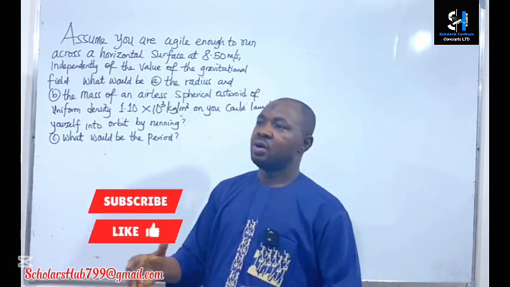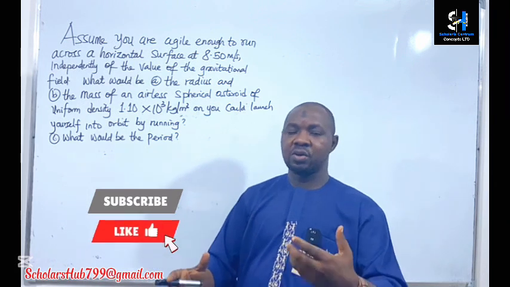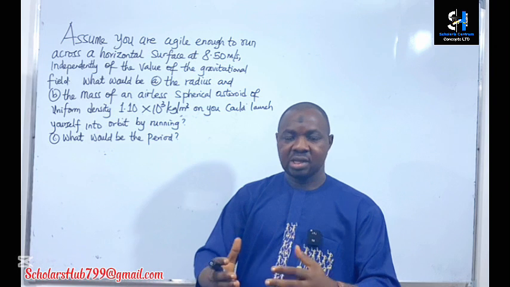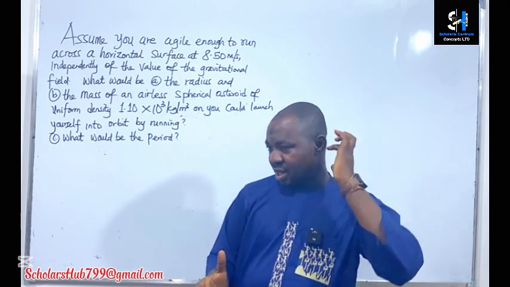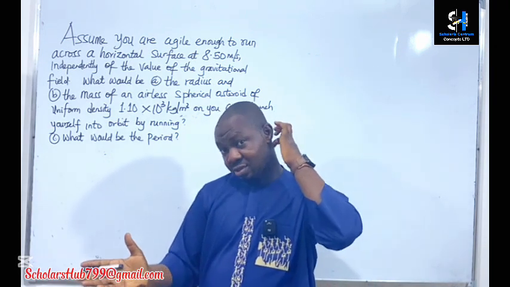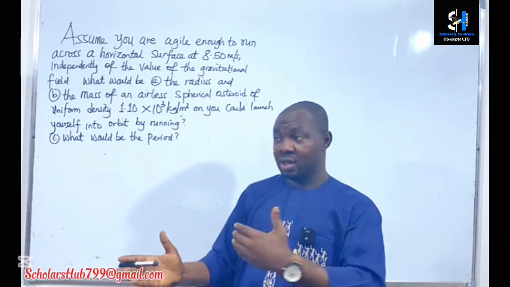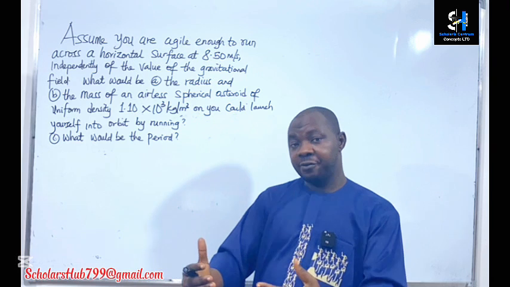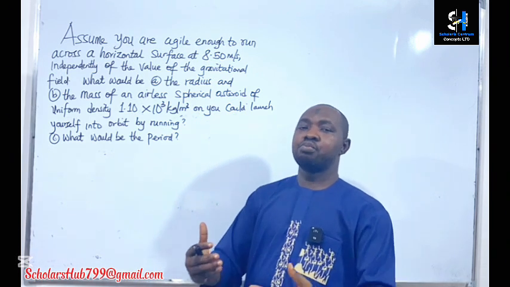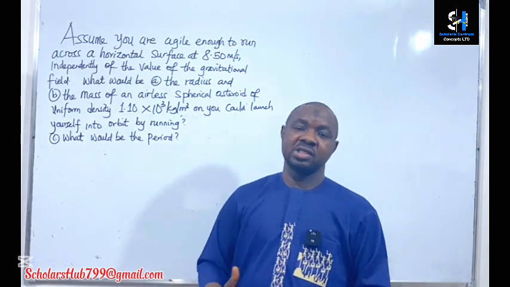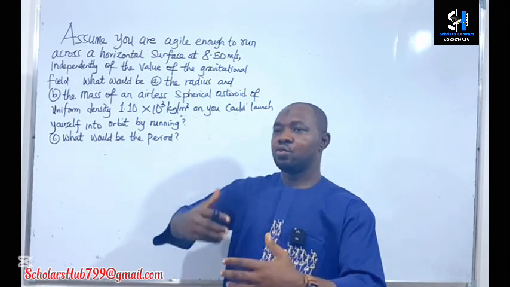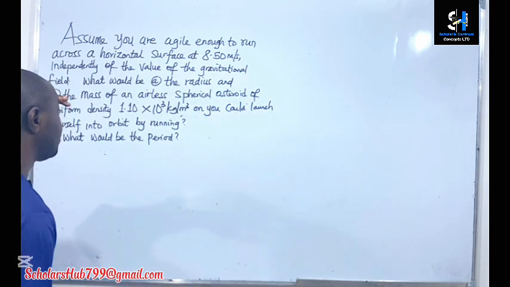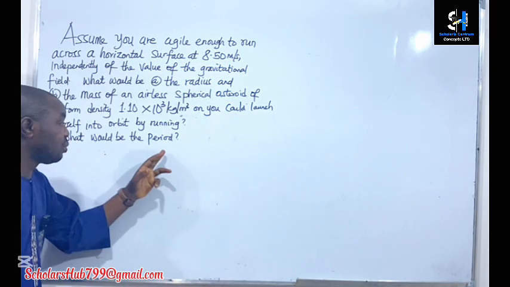It will not move towards it or break away from it, unlike escape velocity, which allows an object to break free from the gravitational pull of a celestial body and escape into space. And the last question is: what will be the period?